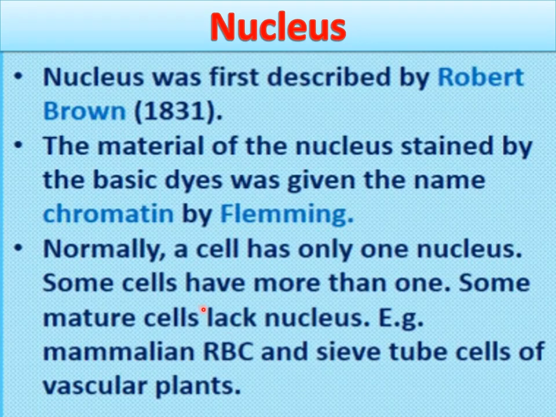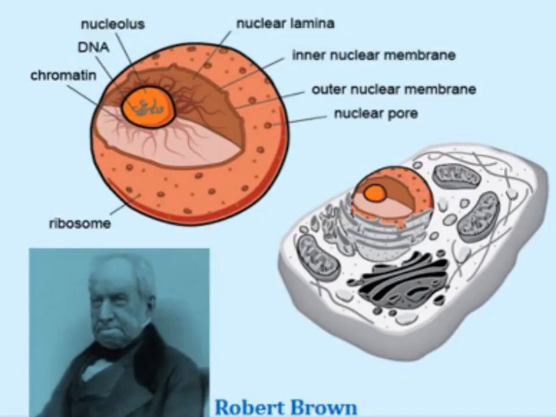In some cells two nuclei are present, more than one in some, and in some only one. Usually cells have only one nucleus, but some cells can have more than one, and in some the nucleus can be absent. Here you can see this diagram of the nucleus and all the parts of it.